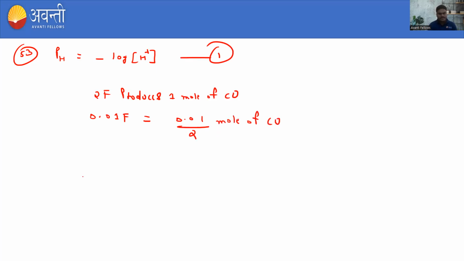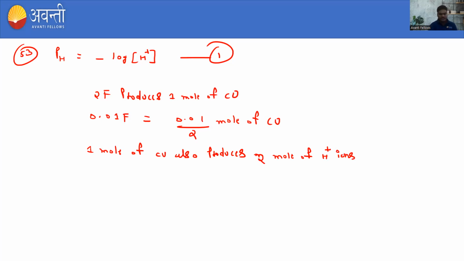Okay? Now again, according to the question, this is also given: 1 mole of copper also produces 2 moles of H plus ions.